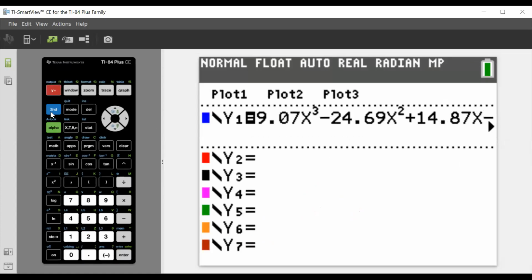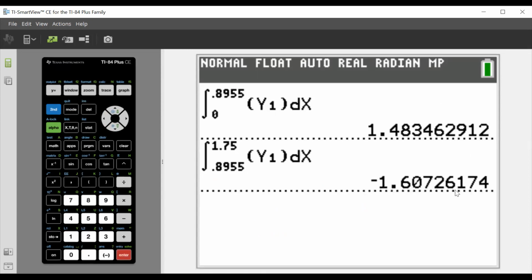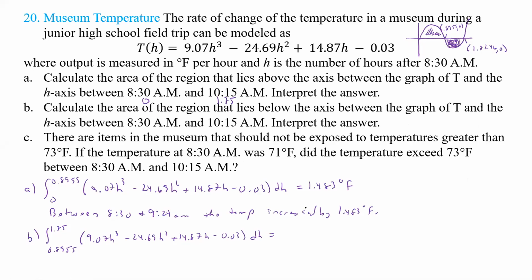And so, I'm going to just come over here. Let's delete all of that. So that's going to be 1.75. Down here was 0.8955. And we get a negative 1.607. Okay, so that's a negative 1.607 degrees Fahrenheit, or dropped 1.607 degrees Fahrenheit.